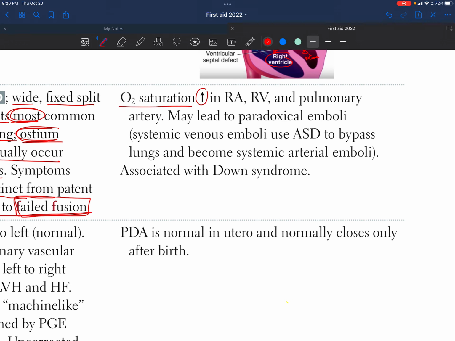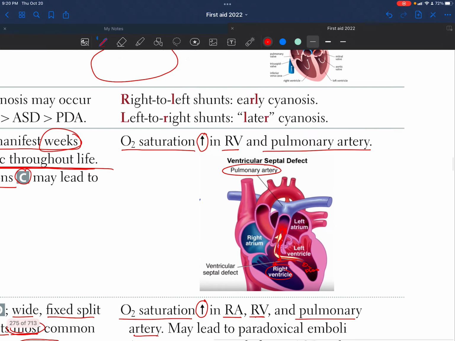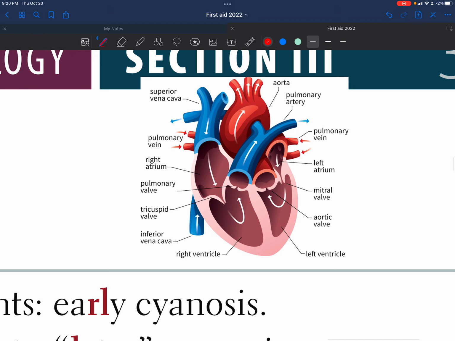So the O2 saturation increases in the right atrium, right ventricle and pulmonary artery. This is quite normal, as we said in this image, because the blood coming this way carries oxygen, so here it increases the oxygen concentration.